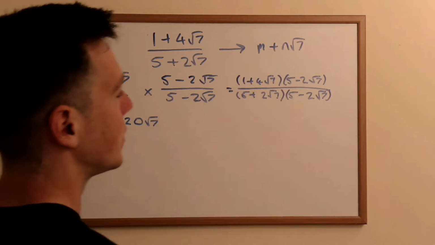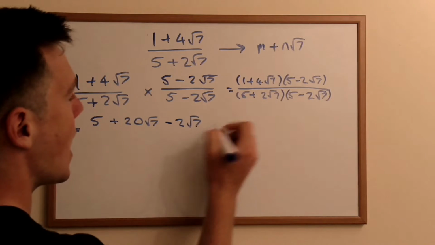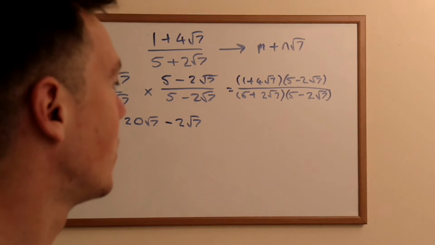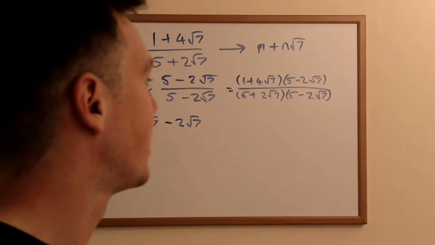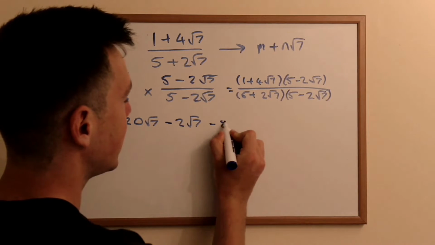Then we have 1 lot of negative 2 root 7, and we have 4 lots of root 7 times by negative 2 root 7. So we do 4 times negative 2, which is negative 8.